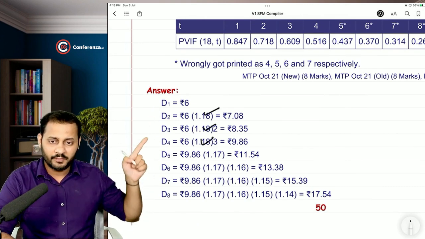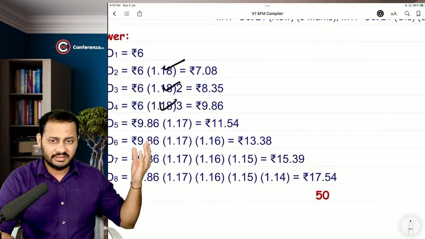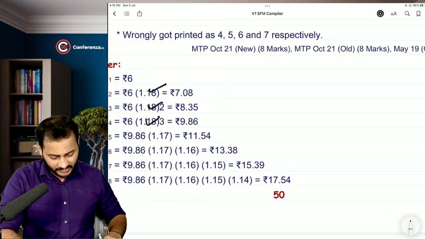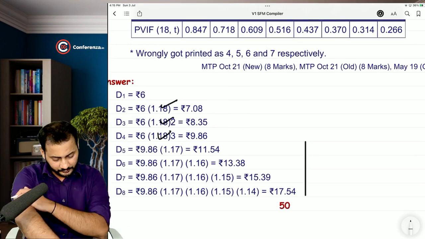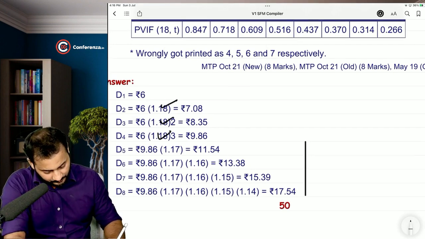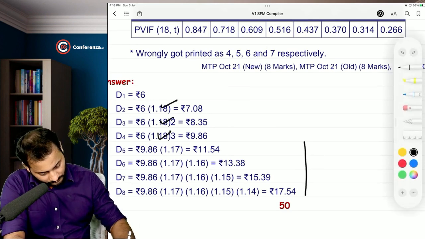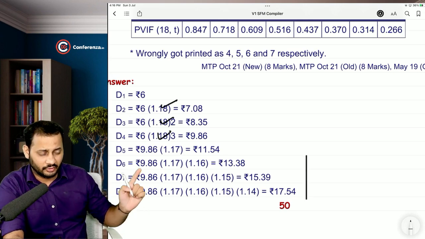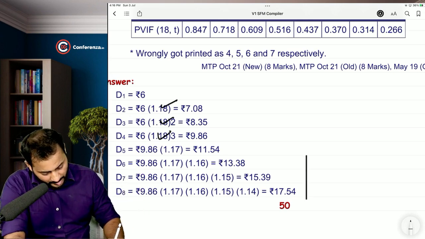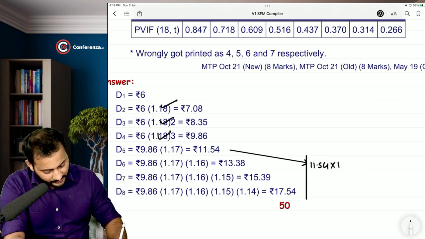Okay, then understand, they have taken a lengthy way to calculate this, but I will just show you the other way and write it in the compiler itself. On these 3 calculations, which are the lengthiest of all, what you can do is simply take 11.54, the previous answer, and 1% less, that is 1.16.